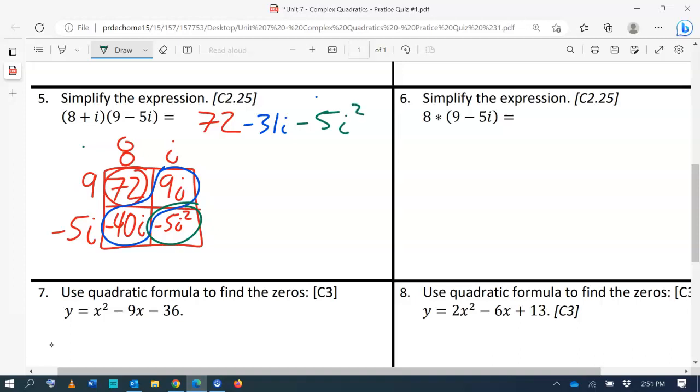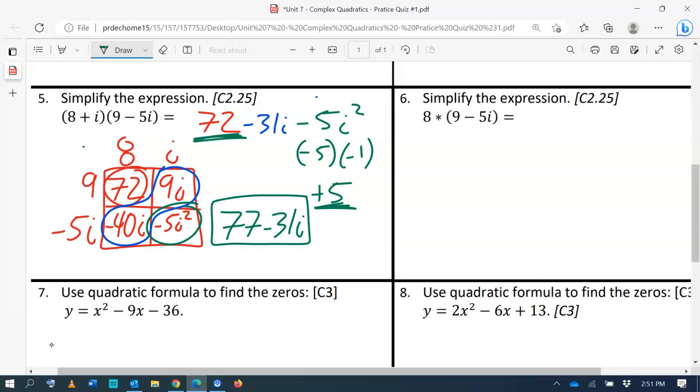Now, because we have an i squared, we can write that as negative 1. So we really get negative 5 times negative 1, which turns to be a positive 5. Add this positive 5 to our 72. So we get 77 minus 31i.